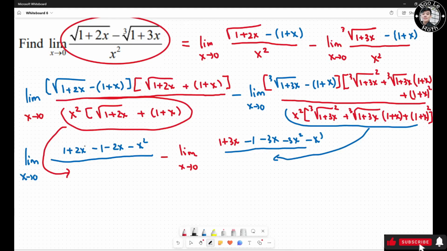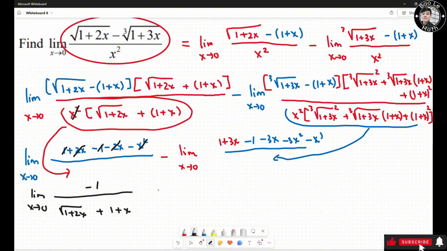Now I'm going to simplify: 2s and -2s are gone, 1 and -1 are gone. Now s squared cancels out with s squared. So I have the limit as s approaches 0, the top is -1, and the bottom is just the square root of 1 plus 2s plus 1 plus s.